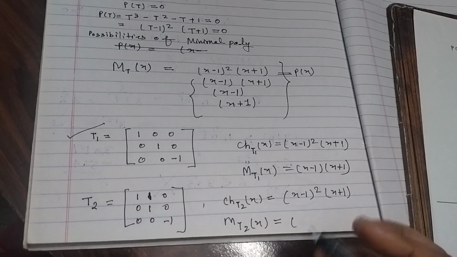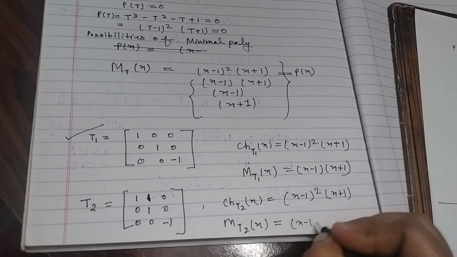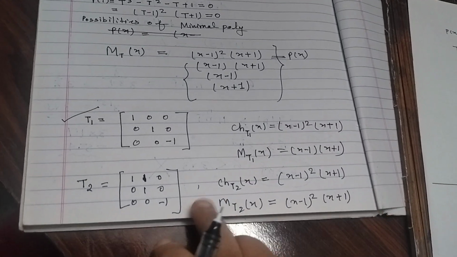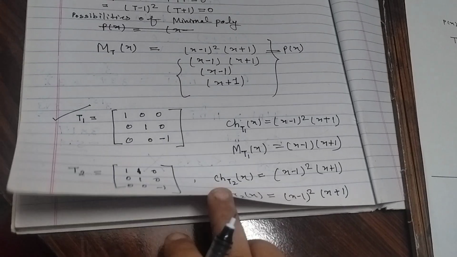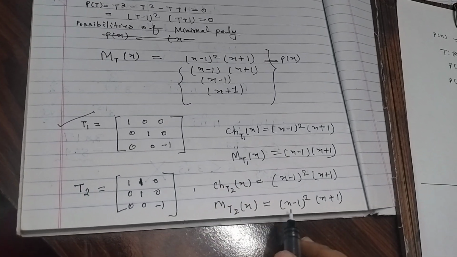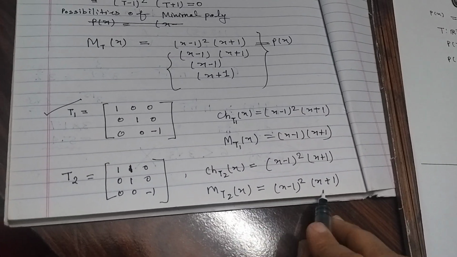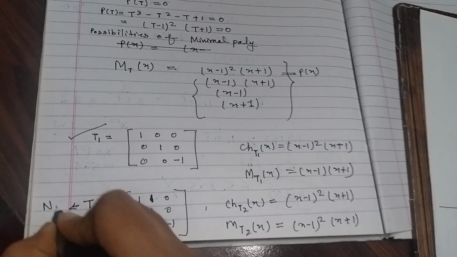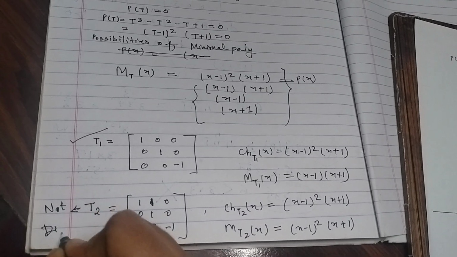So the minimal polynomial is the same as the characteristic polynomial, and this is not a product of distinct linear factors, so T2 is not diagonalizable.